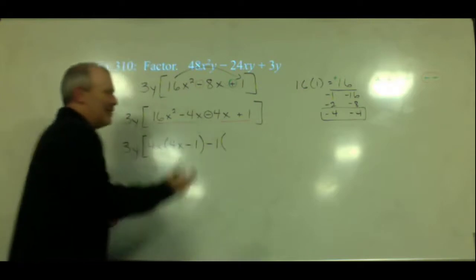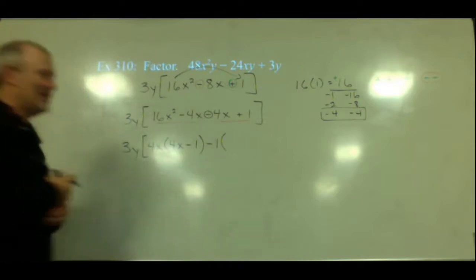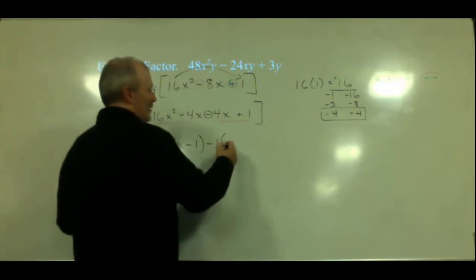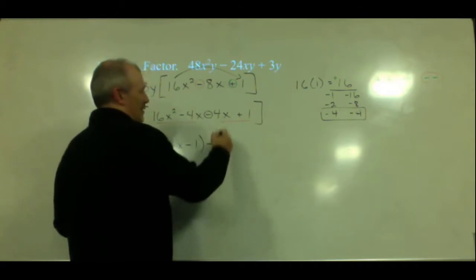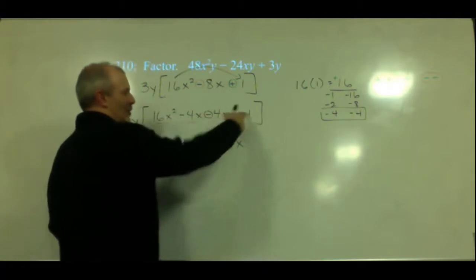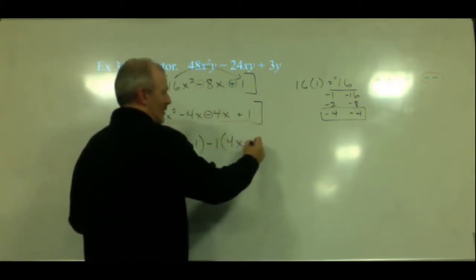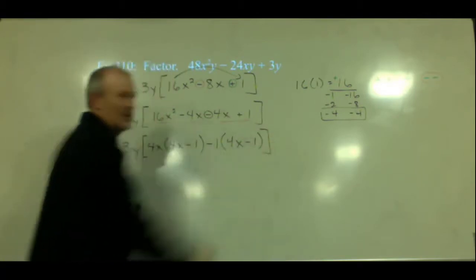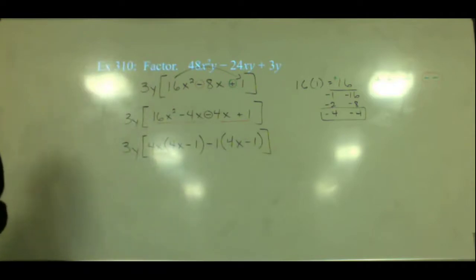And when we divide out that -1, what will be left in the second group? We'll have a positive 4x, and then 1 divided by -1, -1. Okay, dividing out a -1 just changes the signs.